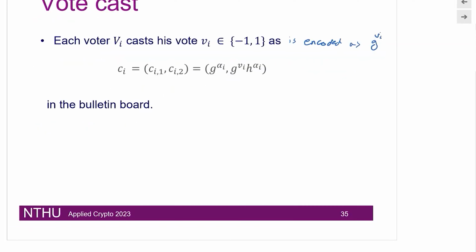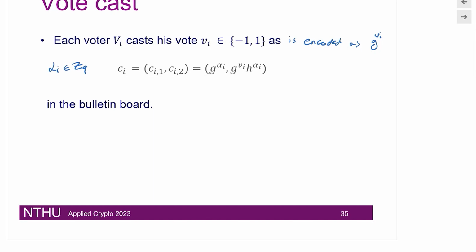Every time somebody wants to vote, they would generate a random number alpha I from ZQ. And then we will compute the vote, which is going to be G to the alpha I, and then G to the VI times H to the alpha I, where H is G to the S.